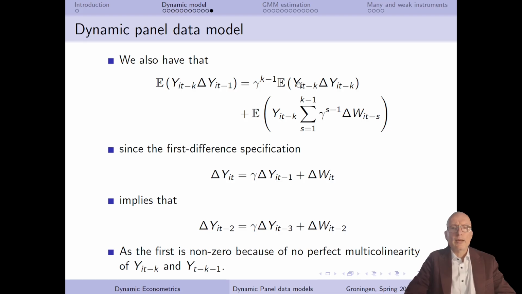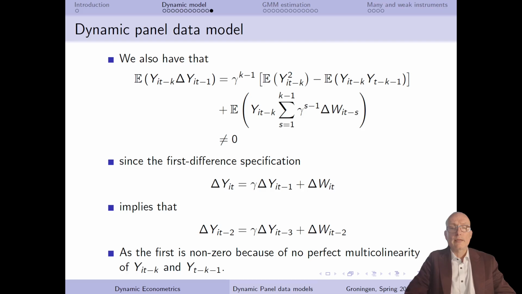I can still rewrite this a little bit, because I can write this as the mean of YIT minus K multiplied by YIT minus K minus the mean of YIT minus K multiplied by YIT minus K minus 1. So in the end, I'm going to get this thing over here. Of course, the first term is the mean of YIT minus K squared.